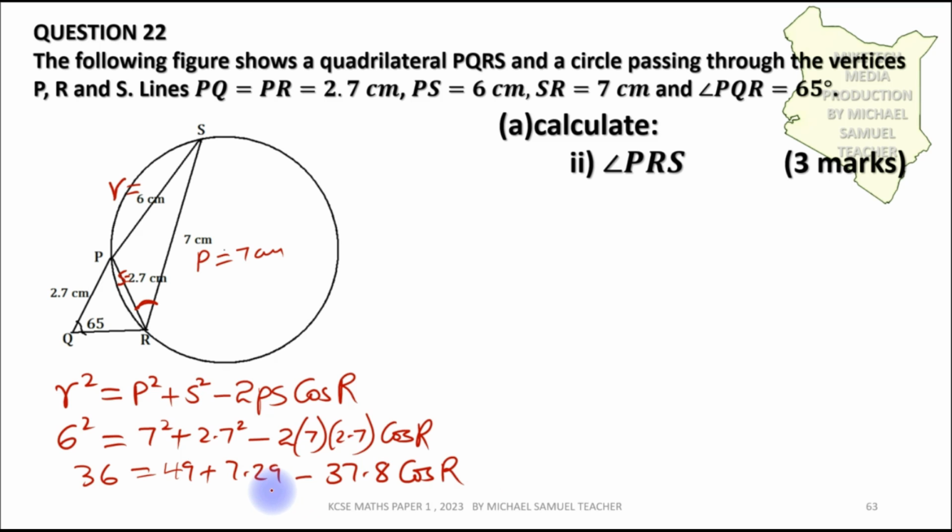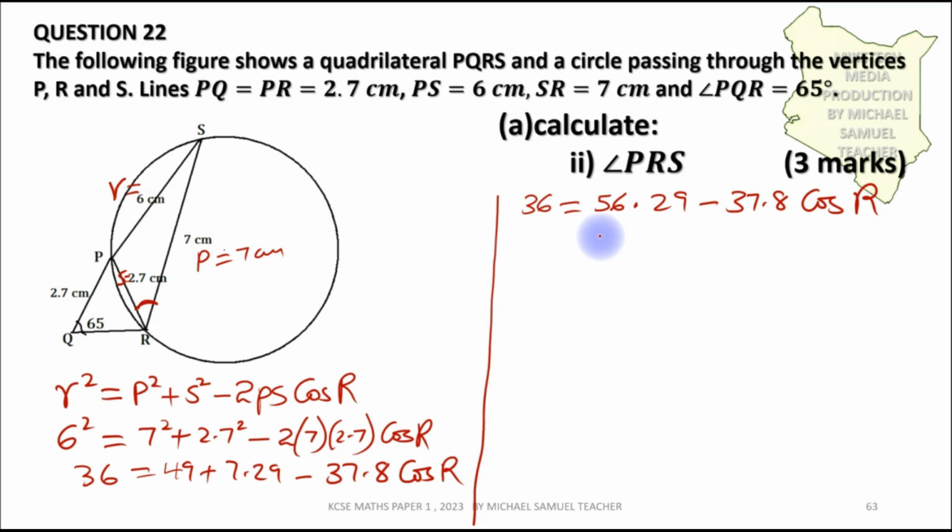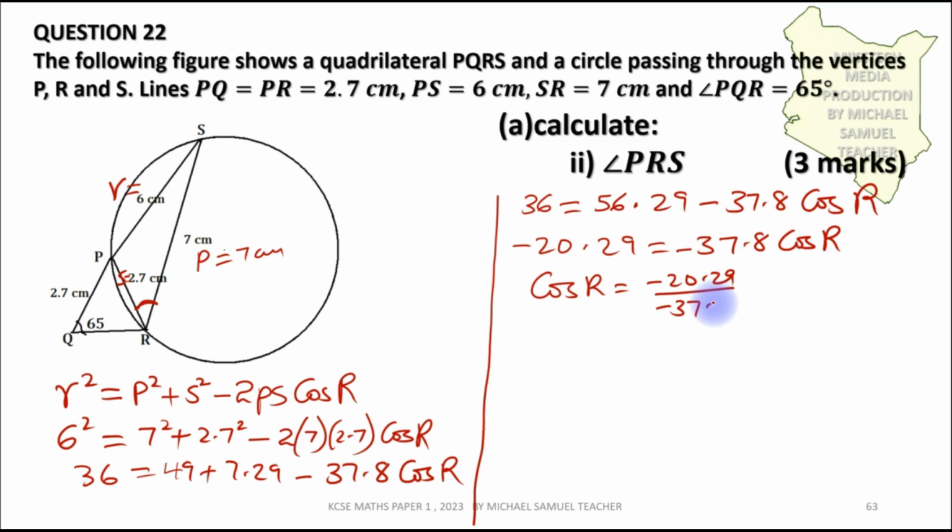So from there, we have 36 is equal to 49 plus 7.29, that is 56.29, minus 37.8 cosine R. Subtract 56.29 on both sides: 36 minus 56.29 is minus 20.29, equal to minus 37.8 cosine R. Divide both sides by minus 37.8, so cosine R will be equal to minus 20.29 divided by minus 37.8, which is 0.5368.